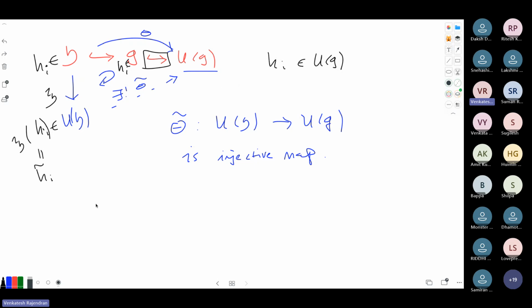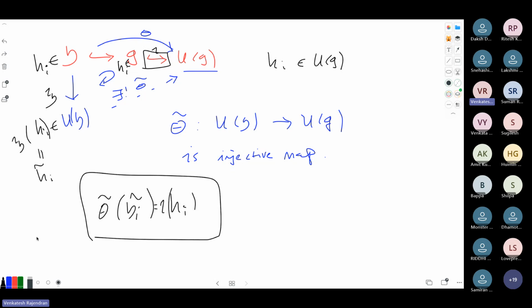There is no other option. So theta tilde of HI tilde is going to be just HI, or iota of HI, if you call this map iota. So this generator HI tilde, which is in UH, maps to iota of HI inside UG.